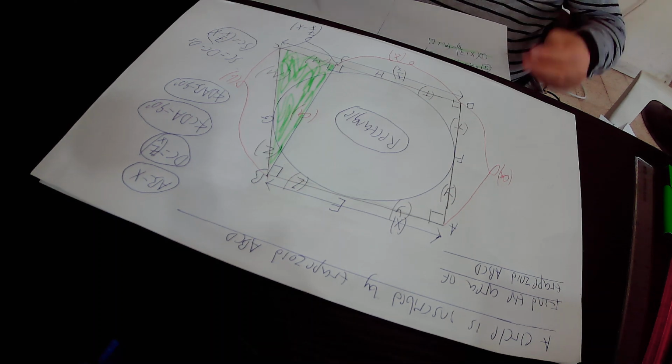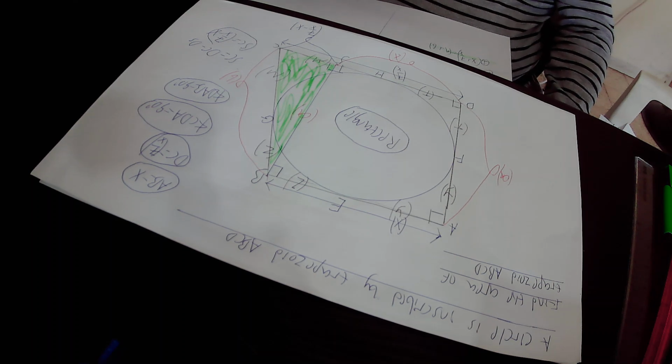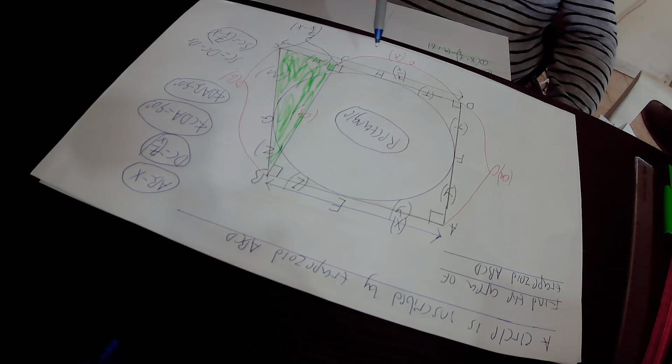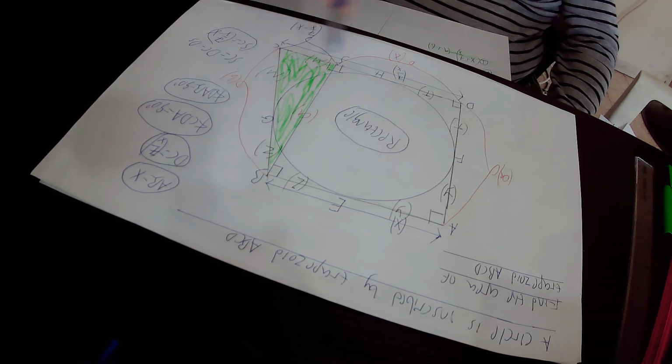So what are the two bases of this trapezoid ABCD? Actually, the two bases are AB and DC. Why are the two bases AB and DC?